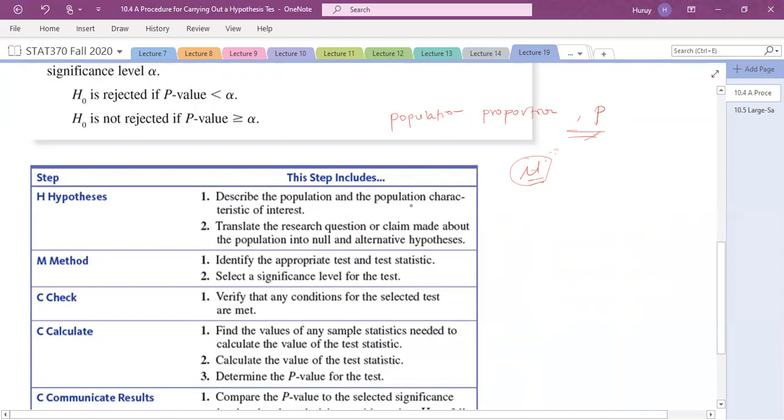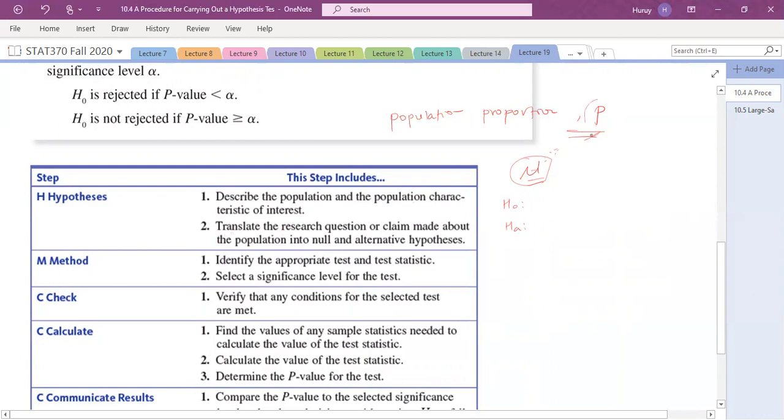So once we figure out what the population characteristic of interest is, then you translate the research question or claim made about the population into null and alternative hypotheses. So from the claim or from the problem given, you need to figure out what your null hypothesis and alternative hypothesis are. We need to write them.